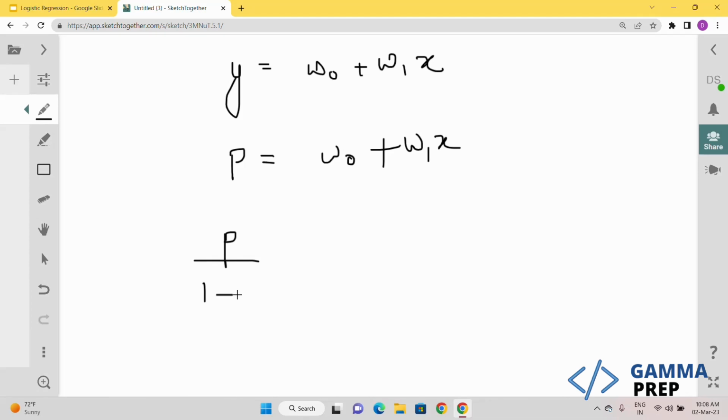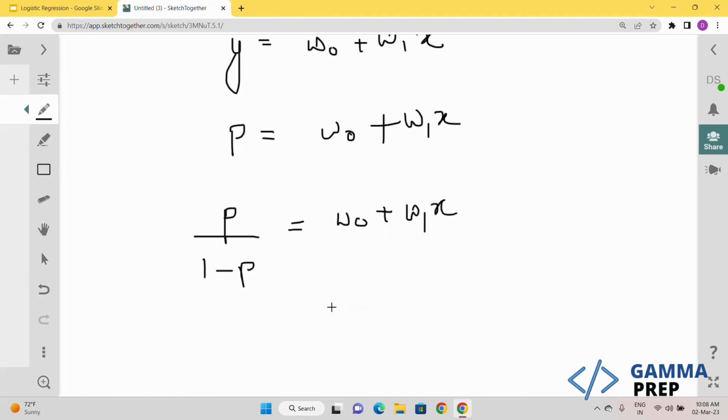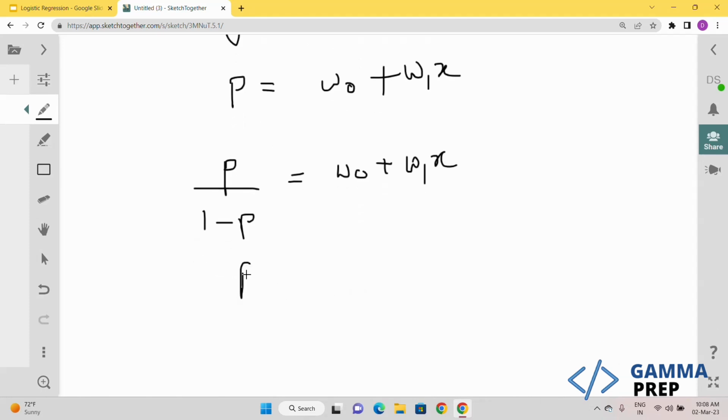What would be the help that this gives us? Okay. So if you see, P by 1 minus P could be anything. Let's say 8.